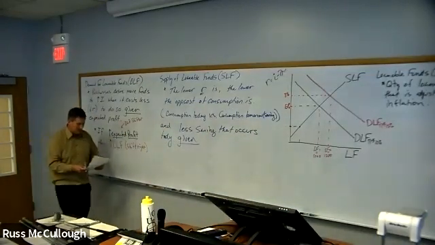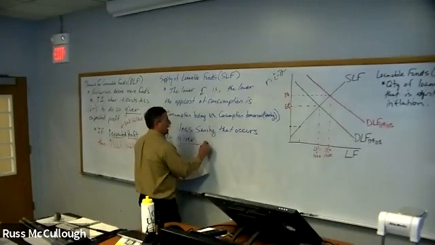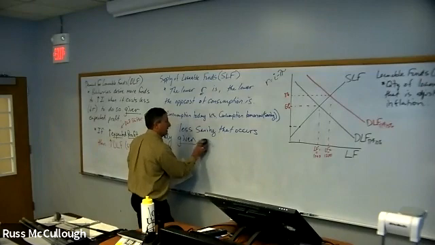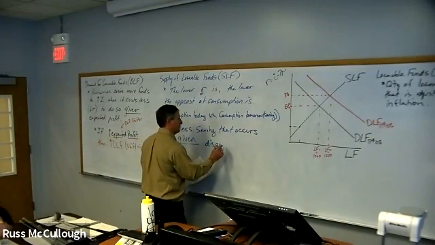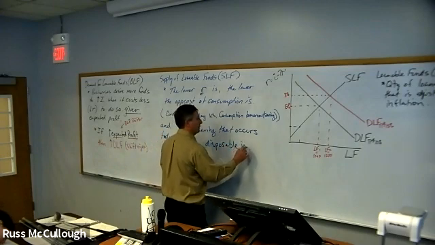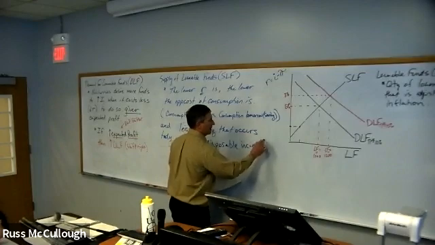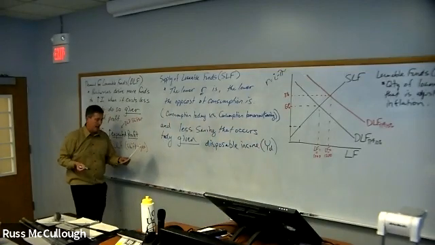All right, given disposable income, a new variable we're going to look at, Y subscript D. I'll get to that in a second.